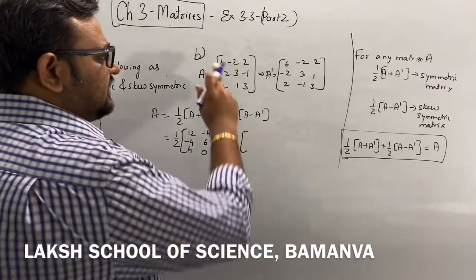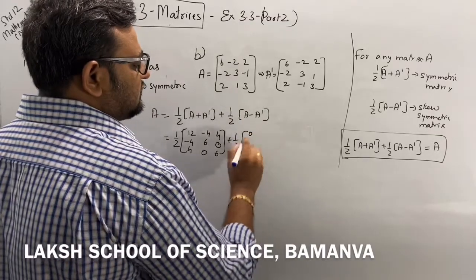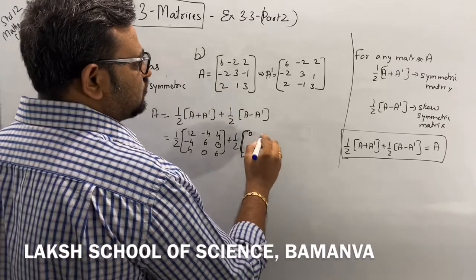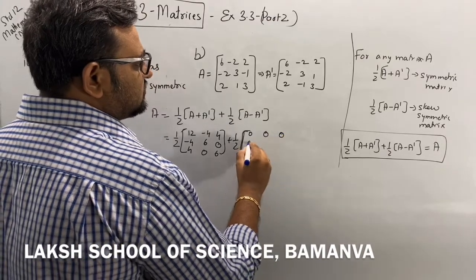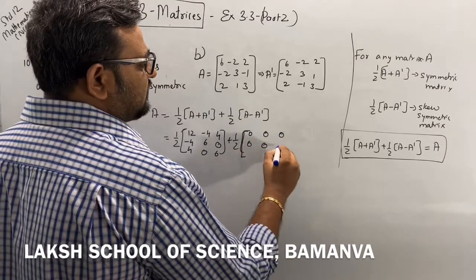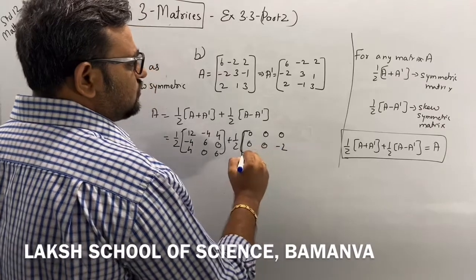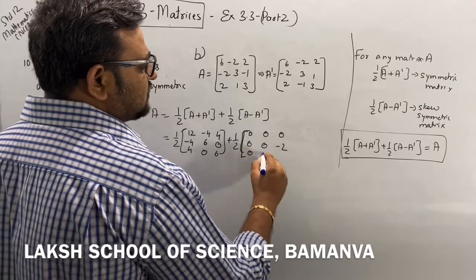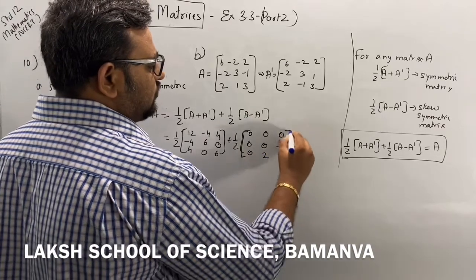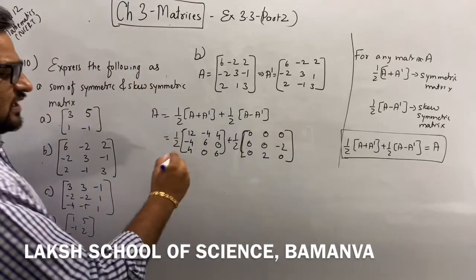Now I will subtract it. 6 minus 6, 0. Minus 2, minus 2, 0. 2 minus 2, 0. 0, 0, minus 1, minus 2. 0, minus 1 plus 1, 2, 0. Okay, so let's multiply it.